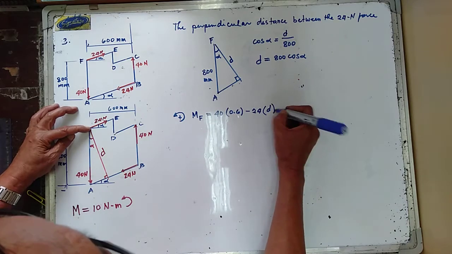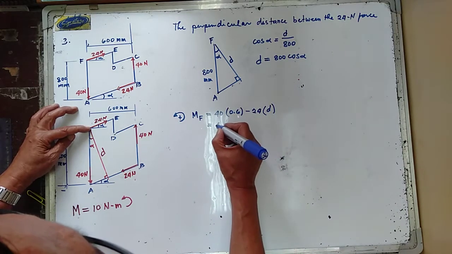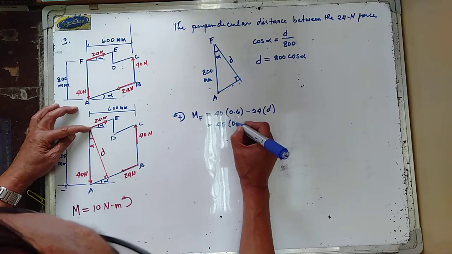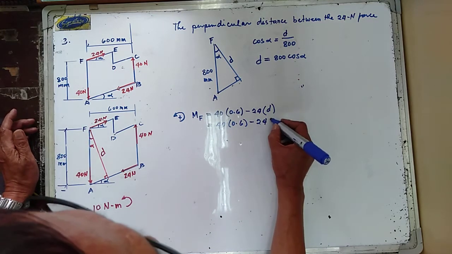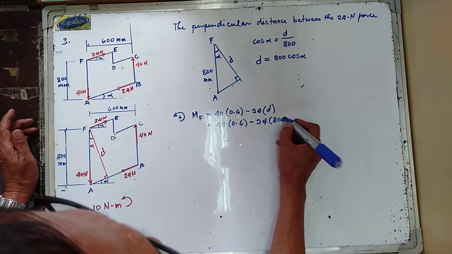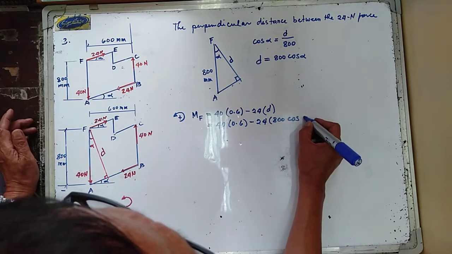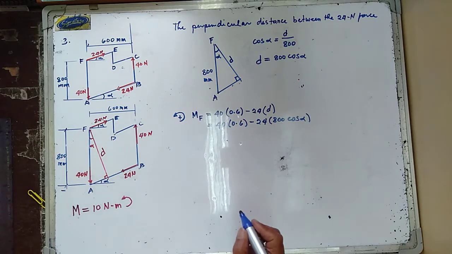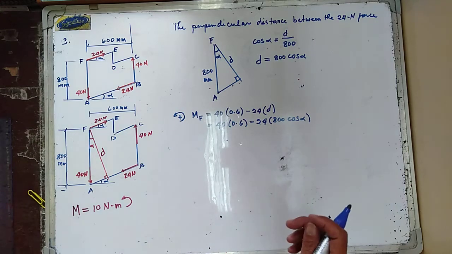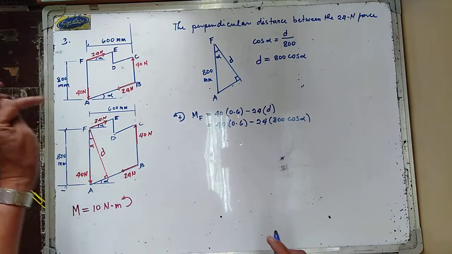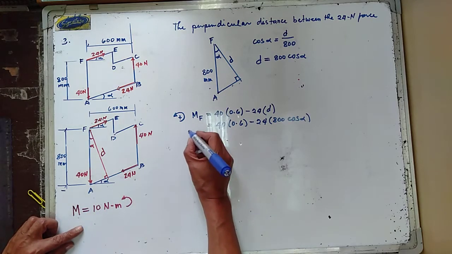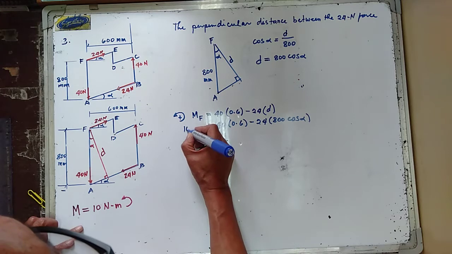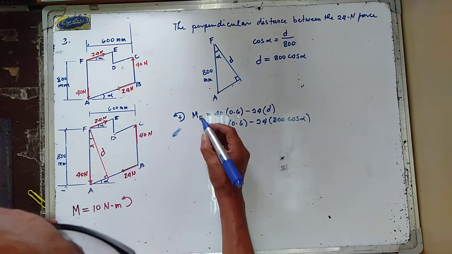So this is equal to 40 times 0.6 minus 24 times 800 cosine of alpha. The couple is a counterclockwise couple, so we have positive 10 Newton meter.